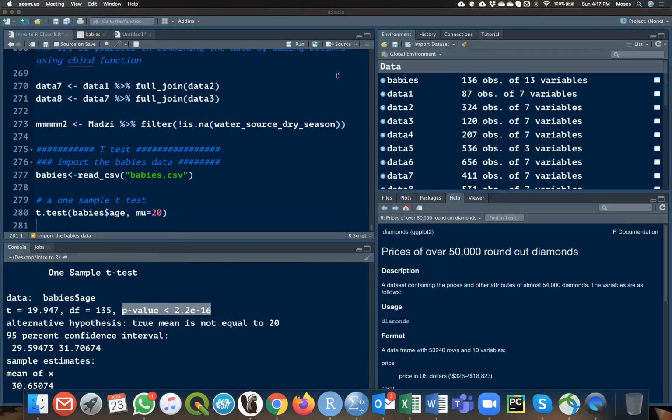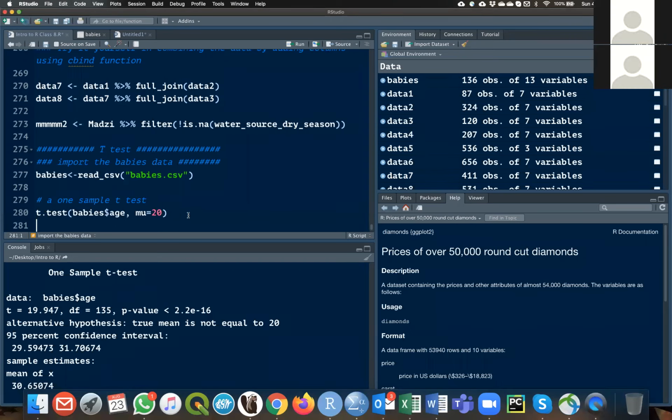Now, if we do the same, say, for example, someone claims from the literature that the mean is equal to 30.